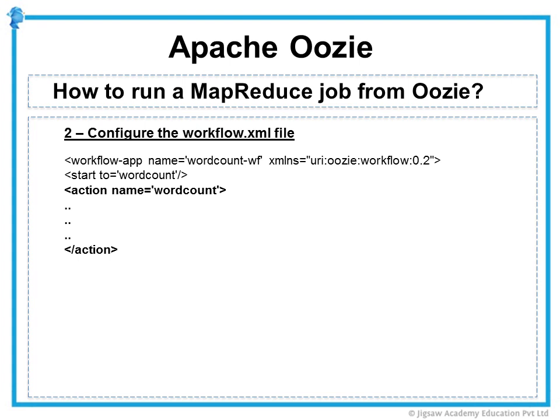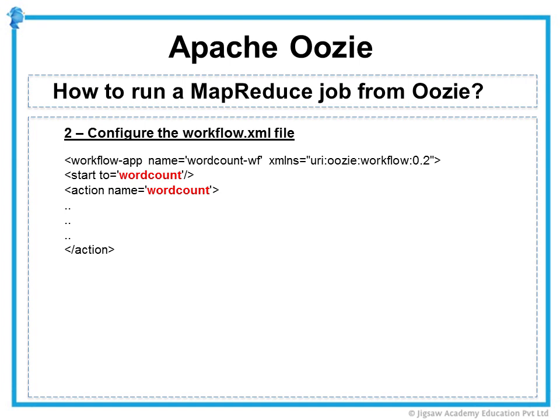So in our example, when the workflow is started, it automatically transitions to the word count action. Note that in the start node, the to attribute is specified as word count, and we have an action by the name word count, so that when the workflow is started, it automatically takes you to that particular action.